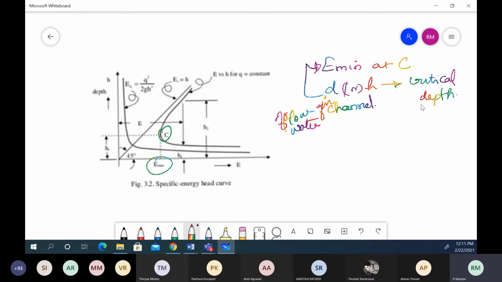Okay, and how will you estimate this depth? You want to find out the critical depth, suppose we express it as HC. Now how will you estimate HC? HC is the depth at which flow is critical, and VC is the flow velocity at which the flow is critical, so it is the critical velocity of flow.